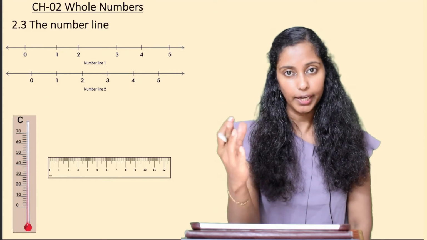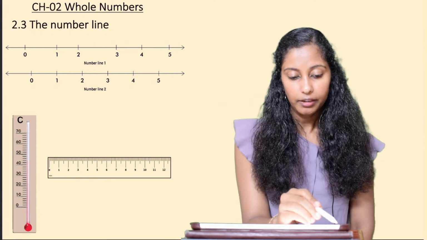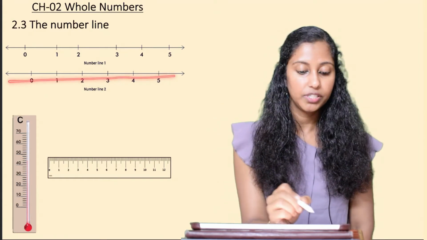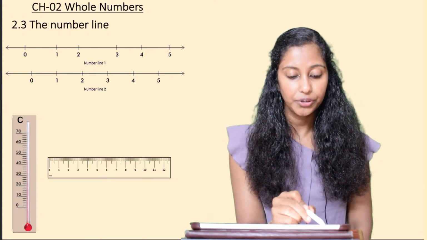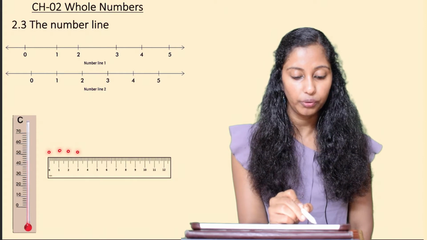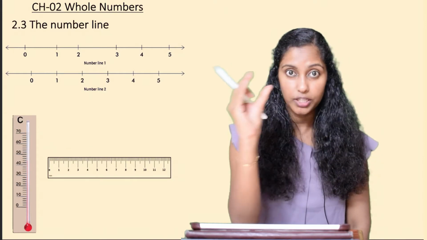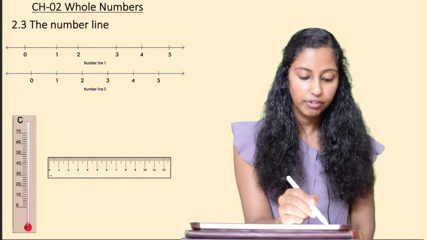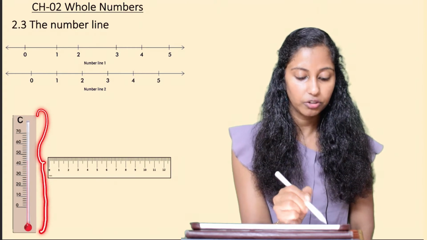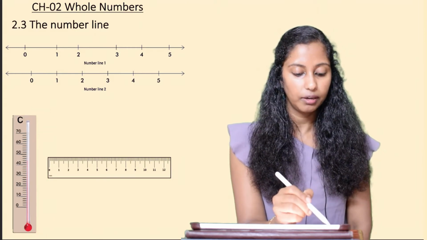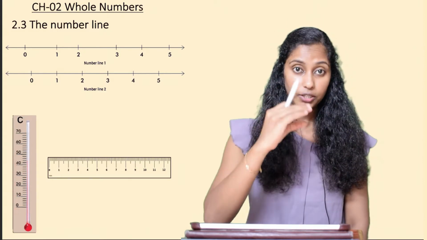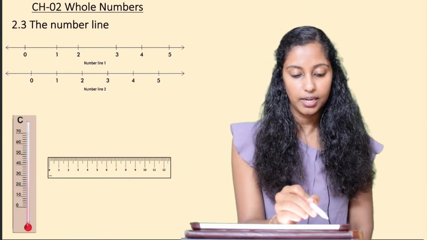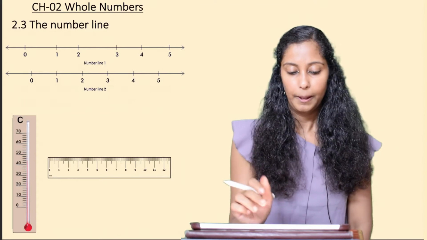In our day-to-day life, such a number line can be visible in a ruler or a scale, where we see the numbers denoted as 0, 1, 2, 3, 4, 5 at equal intervals. Similarly, if we see a thermometer also, here also we see the numbers denoted as 0, 10, 20, 30, 40, 50 at equal intervals, just like a number line.